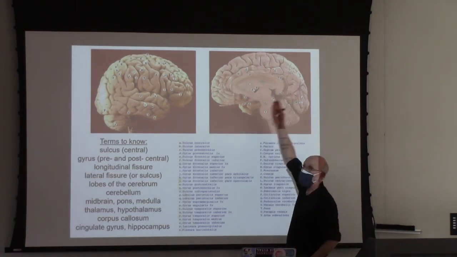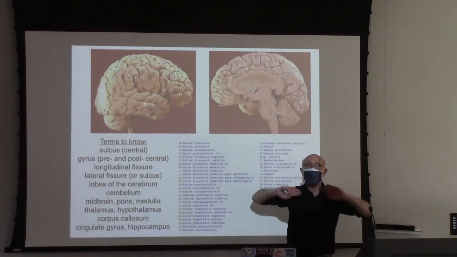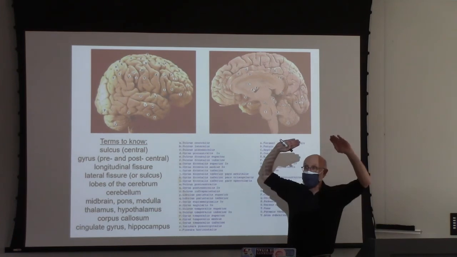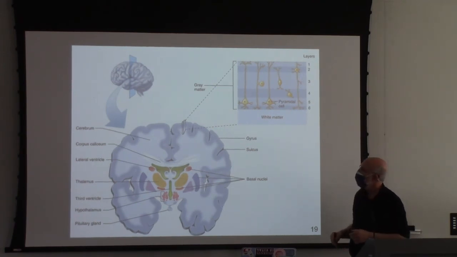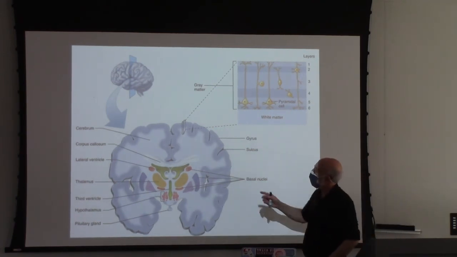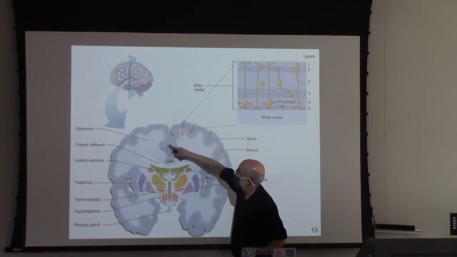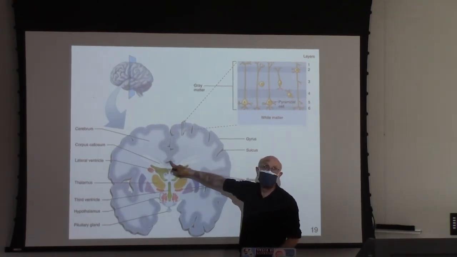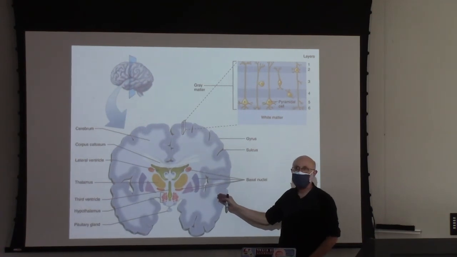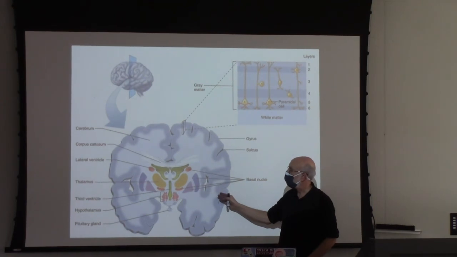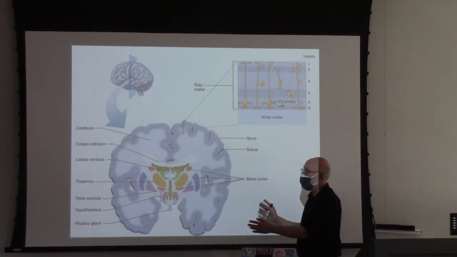So this is a sagittal section. We could make a coronal section. Here is a cartoon of the brain in coronal section. What's the name of this sulcus right here? Longitudinal sulcus, longitudinal fissure. What's the name of this lobe right here? It's on the sides, it's lateral.